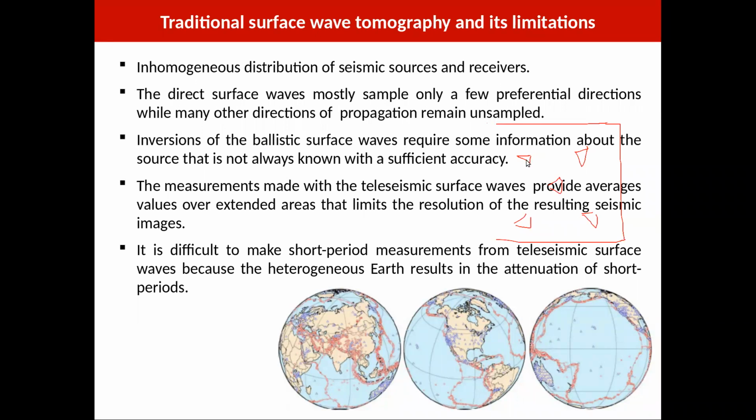The cross correlation between this station and that station will provide information between these two stations. And because the stations are close by, you won't lose the short periods, so the high frequency part of the data will still be recorded. So you can constrain the shallow part, and from this to that, from that to that, you can make the cross correlation. Okay, so this is just one part.